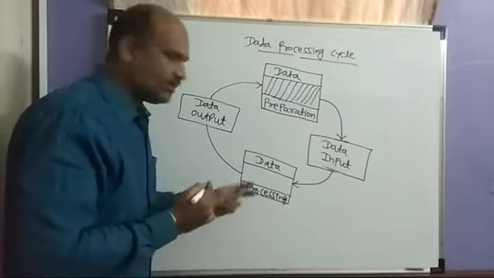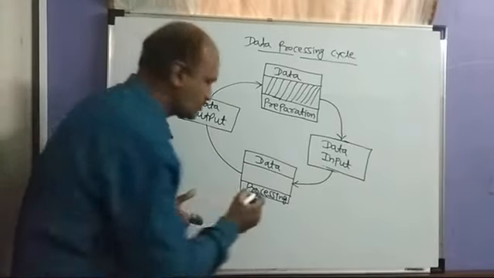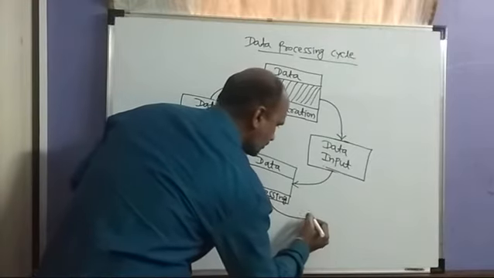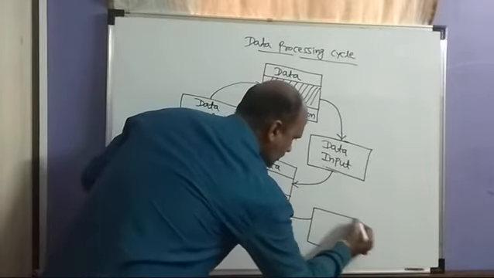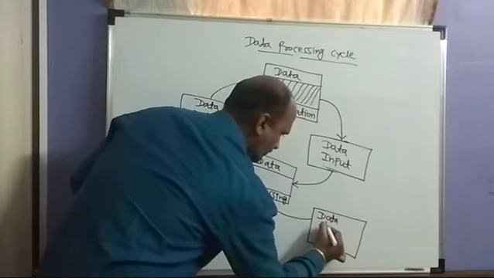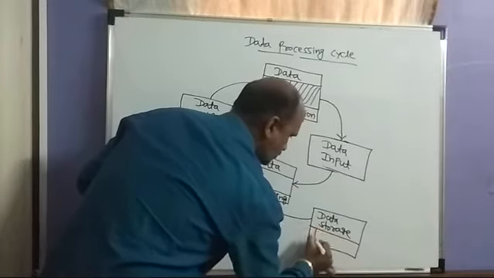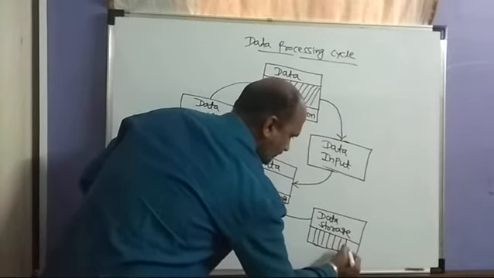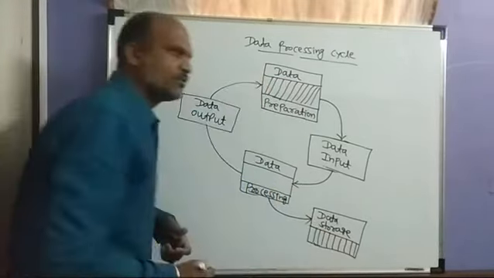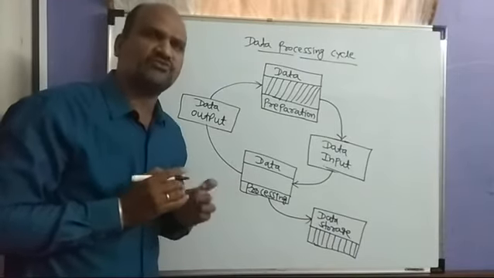And as we are processing the data, your data should be stored, so that is your storage. We have data storage. You have to store the data. So this is the basic data processing cycle.